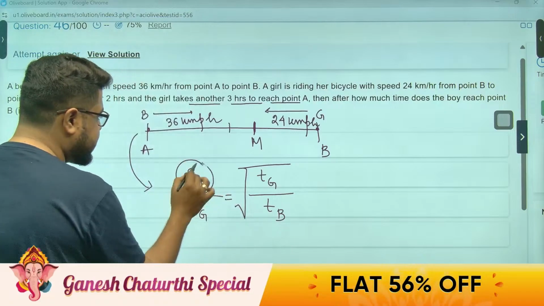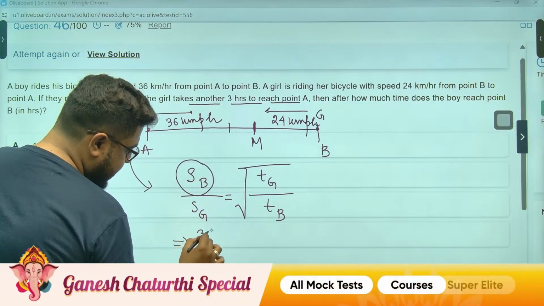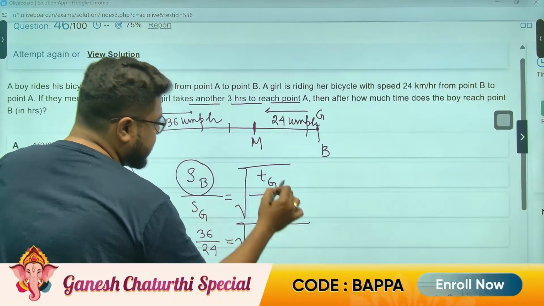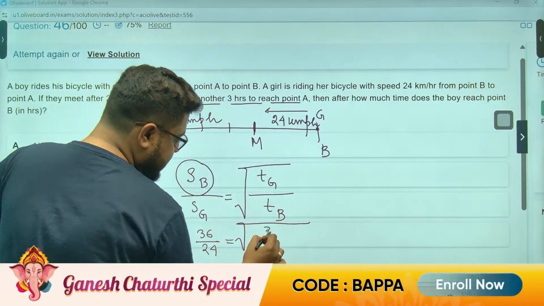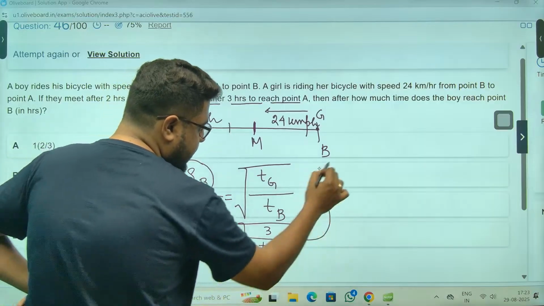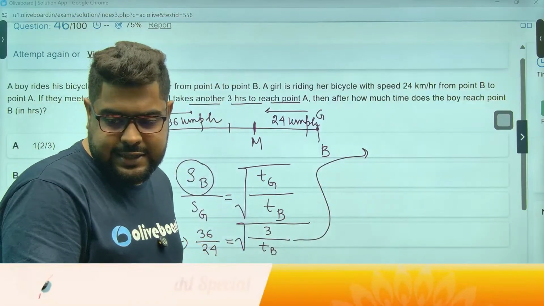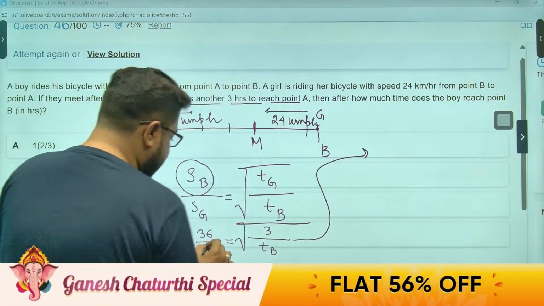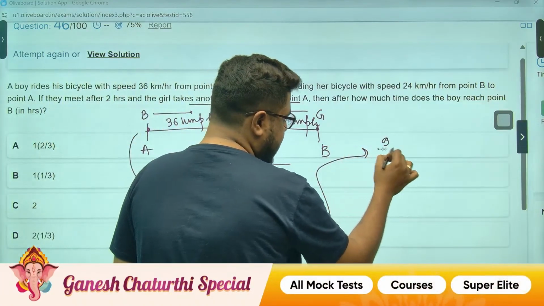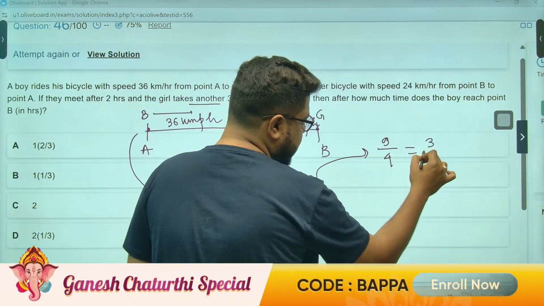Boy speed, sir, 36. Girl speed 24. Girl is taking how much time to reach? Sir, 3 hours. And boy taking, I'm taking TB only. I'm just writing it here so that you guys can see. Sir, this is 12 threes, 12 twos. Get rid of the square root, so it will become 9 by 4 is equal to 3 by TB.